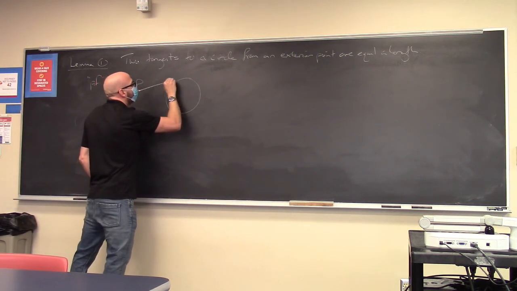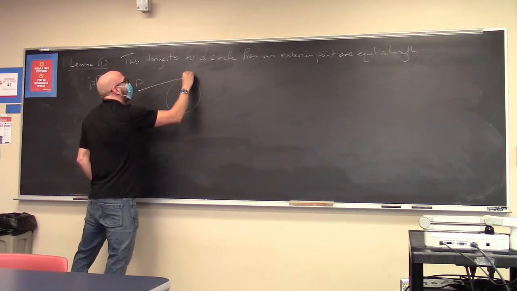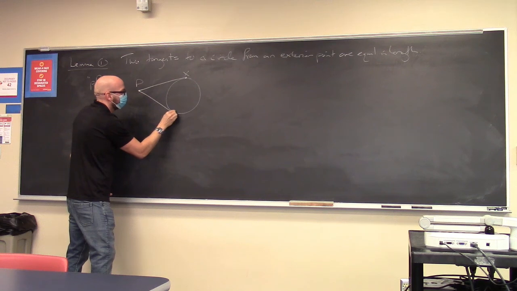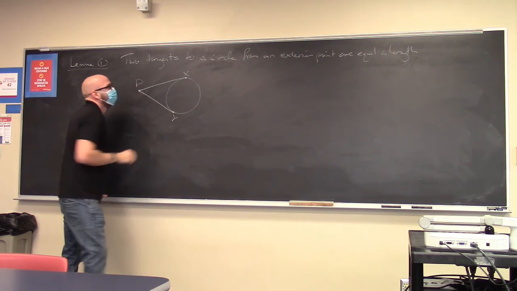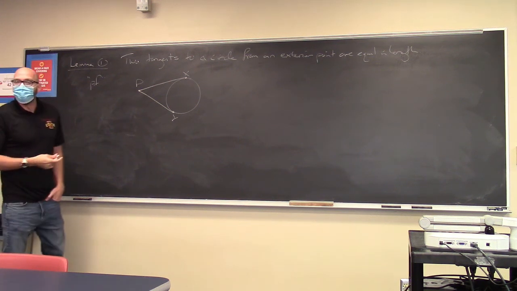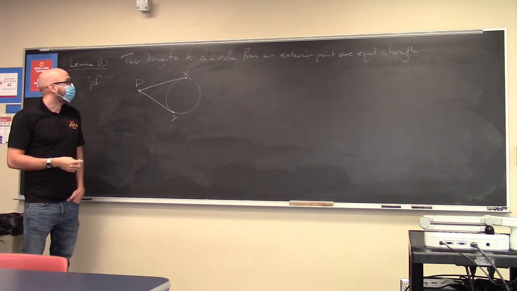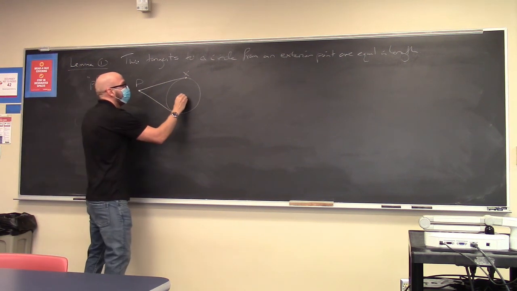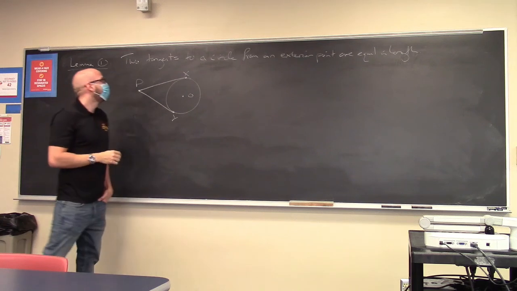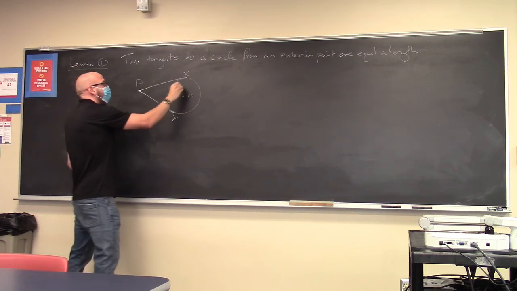So here's one. That point is X, and here's the other, Y. So my claim is that PX and PY have the same length. Not hard to show at all. Take the center of the circle, so take the center, O, and build two triangles out of this.